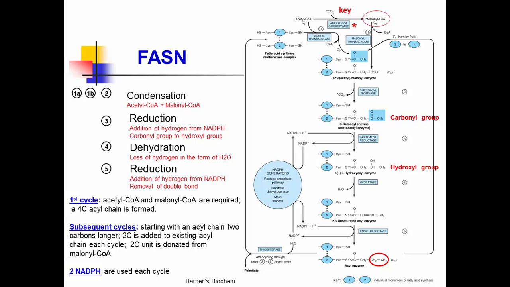And then the second step is the loss of one carbon, as CO2 is released. You can see the acyl molecule, initially from acetyl-CoA, is transferred to the malonyl-CoA, and eventually forms a carbonyl group.